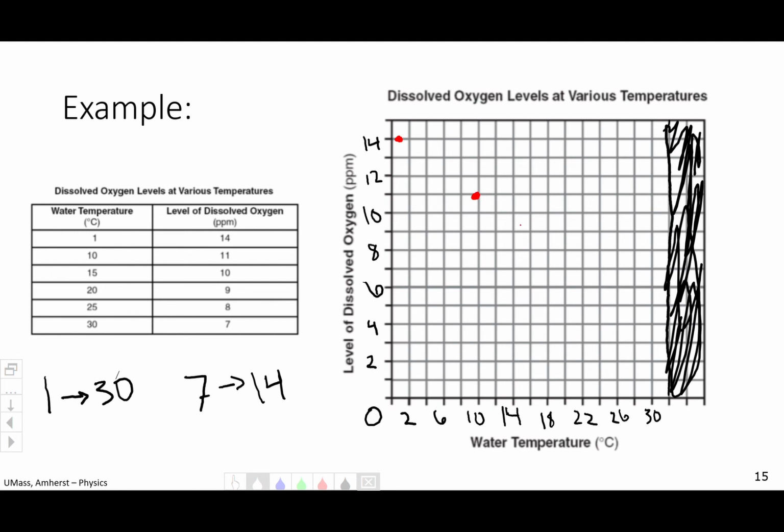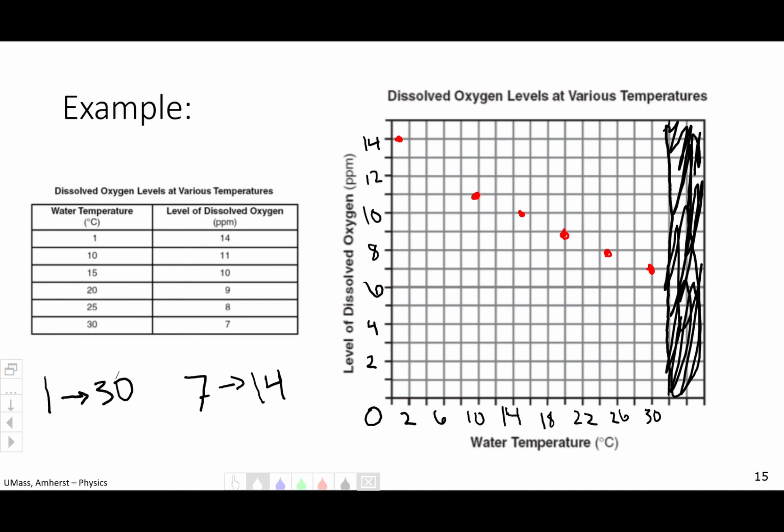So 15, 10. Then 25, 8. 25, 8. And 30 and then 7. All right, so those are our data points.